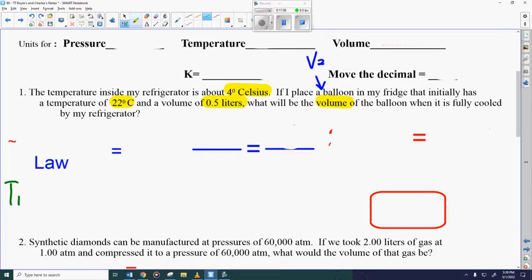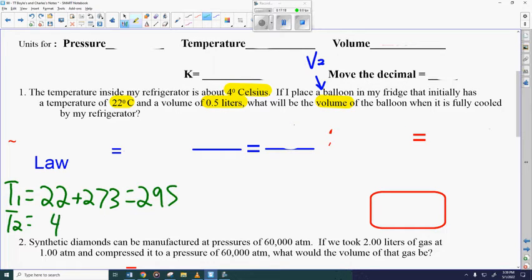So T1 is going to be equal to 22 plus 273. We have to convert it into Kelvin, so that would be 295. And T2, the final temperature after the balloon's been in the refrigerator for a while, is going to be 4 plus 273, so we're looking at 277 for my T2.